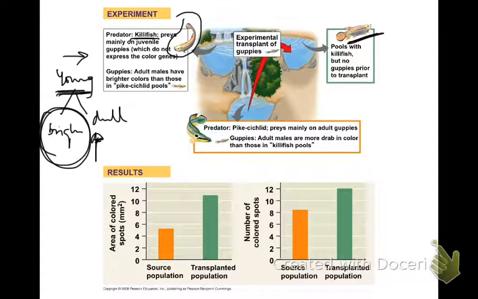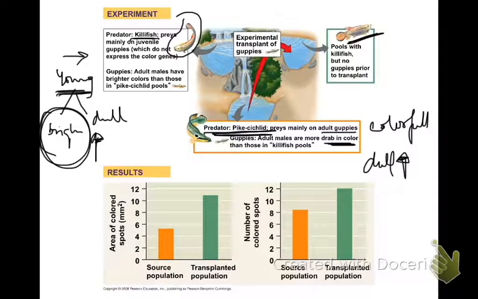Then they removed the killifish predator and added the pike cichlid predator. This preyed on the adult colorful guppies, which means the dull drab ones escaped because they could blend in, and so they were higher in number. The dull fellows were higher in number in this pool.